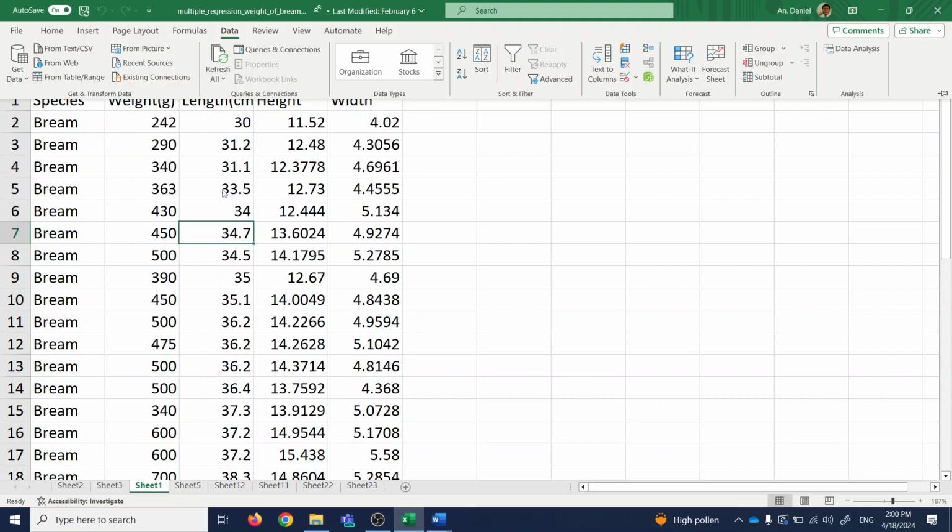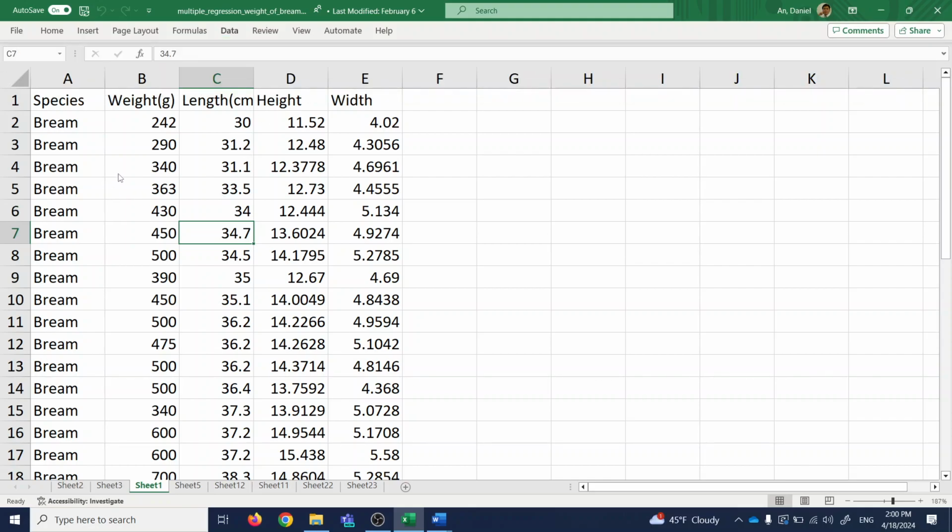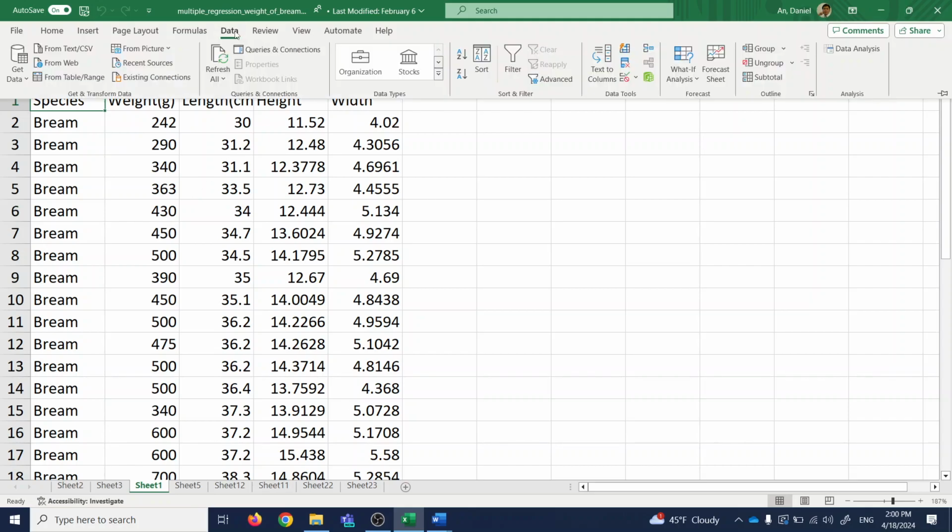Okay, so how do you get the multiple linear regression? Well, default Excel can't do it. What you need to do is install something.